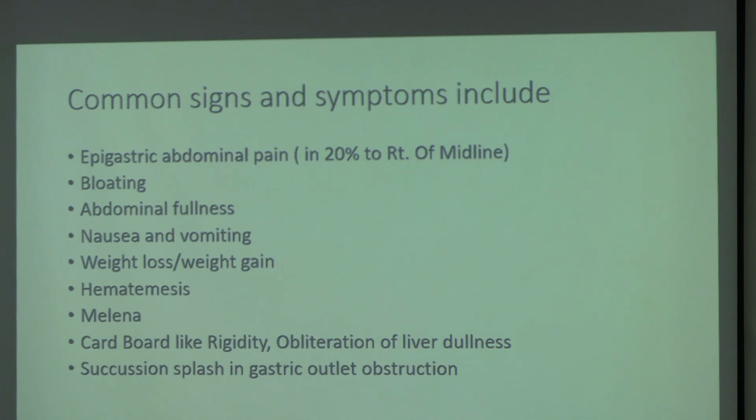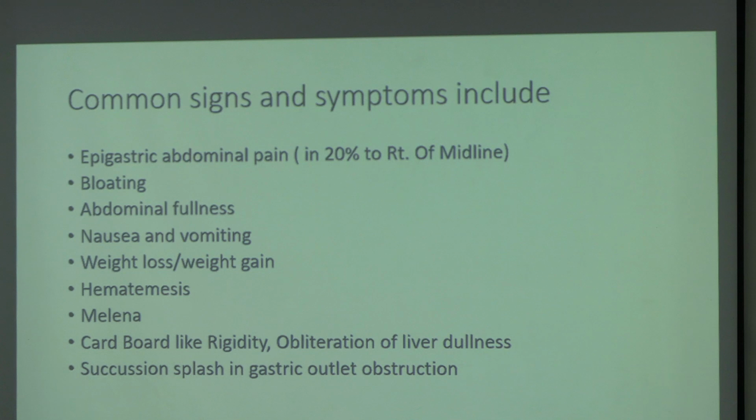Weight loss. Why weight loss? Because in gastric ulcer the pain is aggravated by food intake. Naturally, they will be afraid of taking food, so they will lose weight. Or, on the contrary, the patient may have some malignant changes.